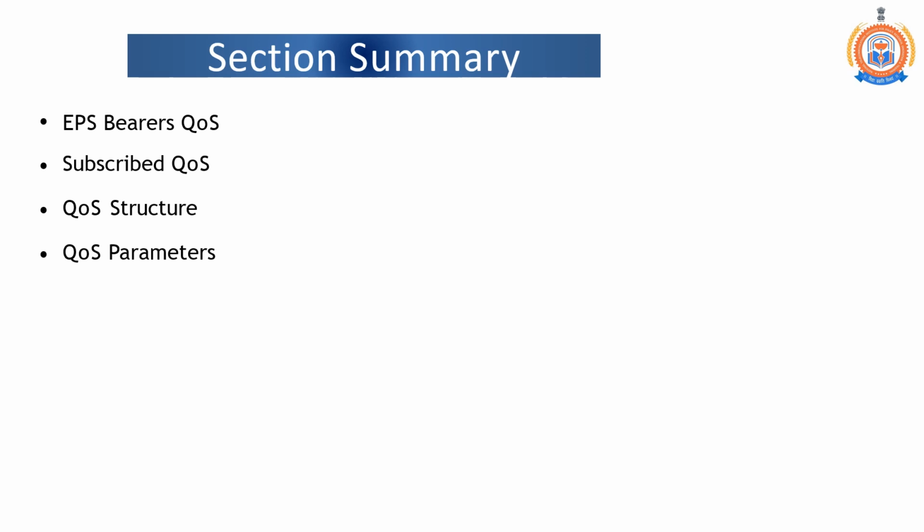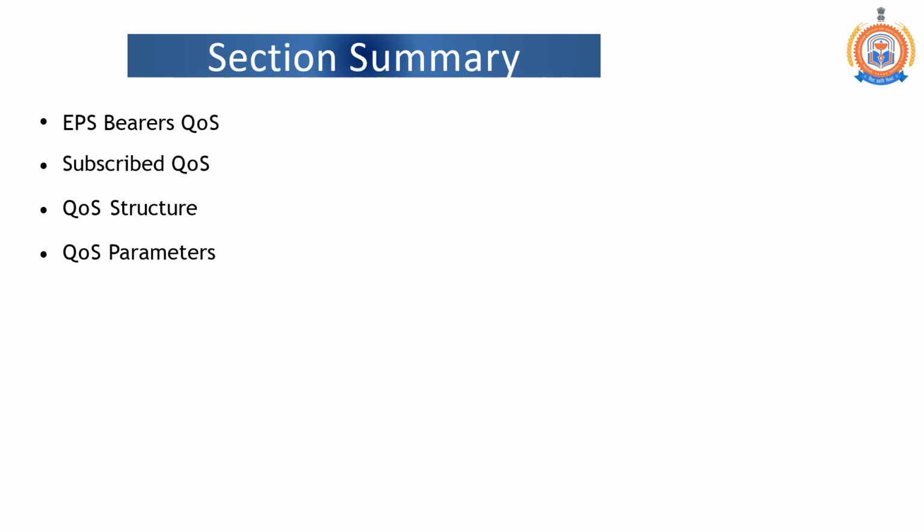This is the summary of this section. From this section, we know the EPS bearer consists of radio bearer, S1 bearer, and S5 or S8 bearers. The default bearer QoS is subscribed in the HSS, whereas the dedicated bearer QoS is subscribed in the PCRF. We also introduced the QoS structure.